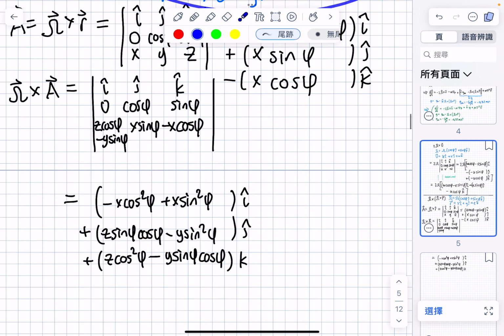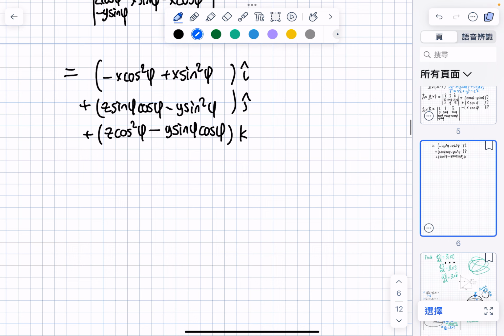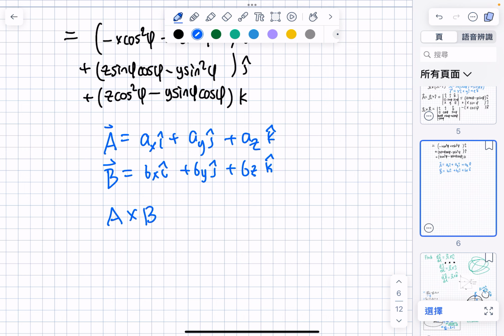So, an easier, simpler way that this is done is simply writing that A is equal to A1 I plus A2 J plus A3 K, and we have B in the computer as Bx I plus By J plus Bz K, and then we set up that A cross B is equal to this kind of notation.